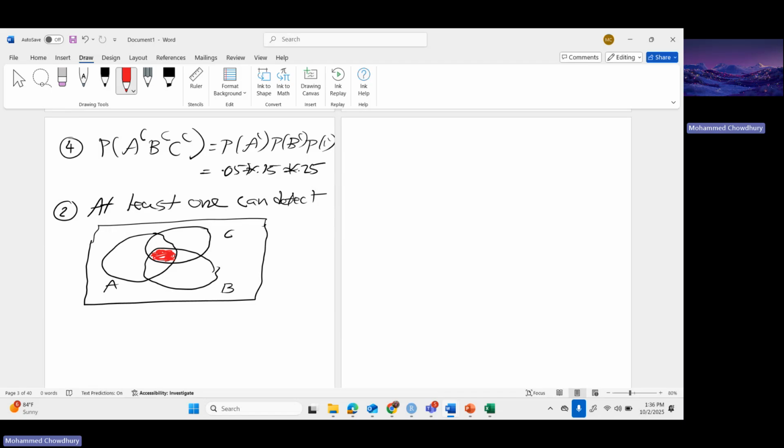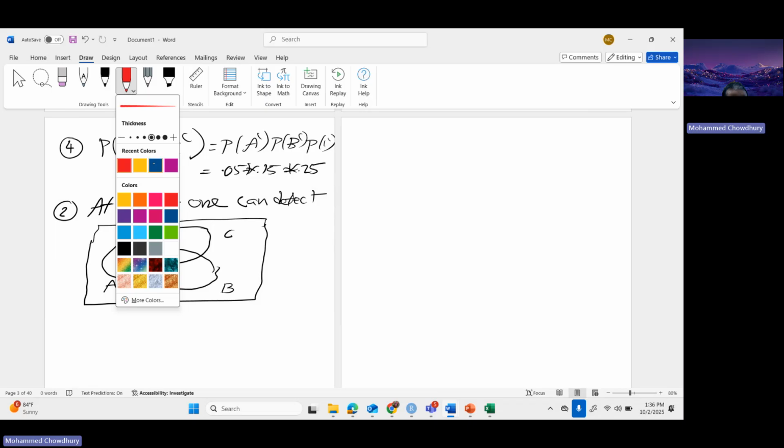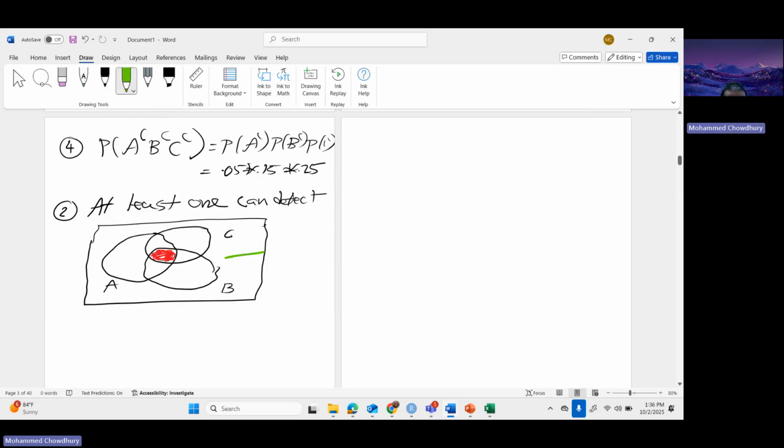Now come in here. If I want to do these things, so this is the all three and remaining part. That means none of this is in here. This is the area where none of the three can detect, right?